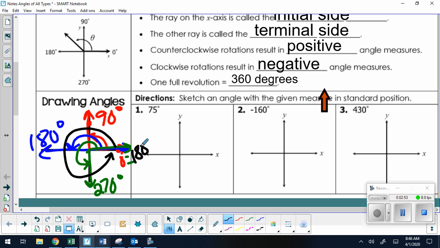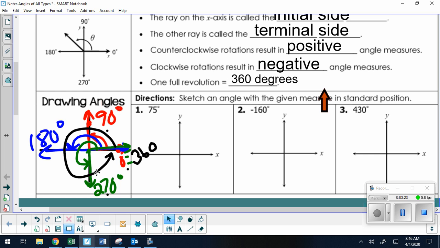Now, the key point there is the 0, 90, 180, 270, and 360. I said 360, but I wrote 180; it should be 360. The key point there is those 5 numbers, 0 and 360 are actually the same point. The reason those are important is because it tells me where this is going to lie. 75 is between 0 and 90, closer to 90, so it's going to be in the first quadrant.